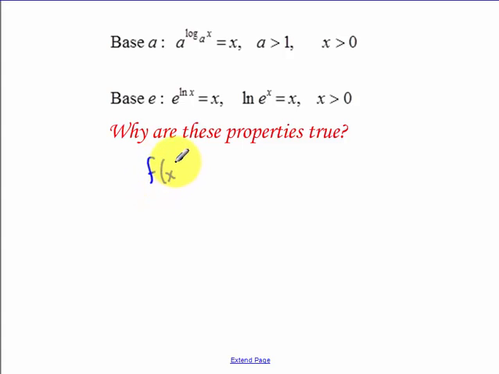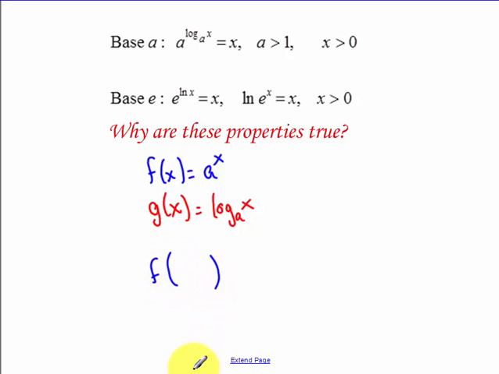Well, if I make f of x the function a to the x, and I make g of x the function log base a of x, when I take my composition of f of g of x, which is this quantity right here, you simplify and you get x because those two functions are inverses.